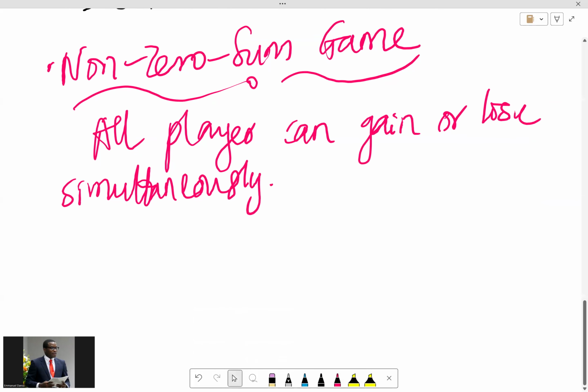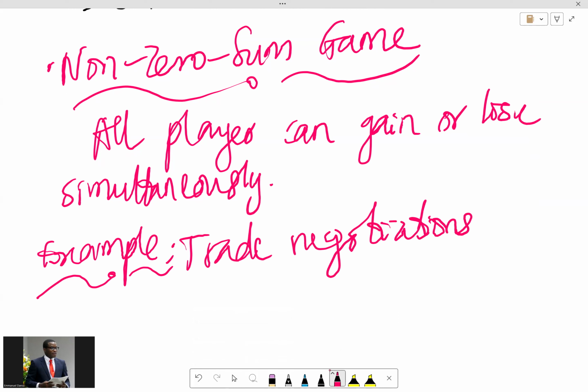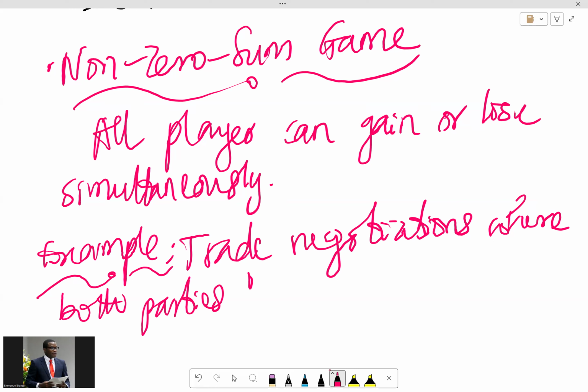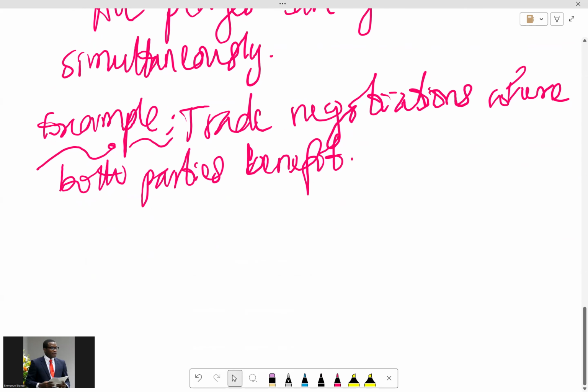A very good example would be trade negotiations, where both parties benefit. Everybody gets their own part. Okay, that's about zero sum and non-zero sum games.